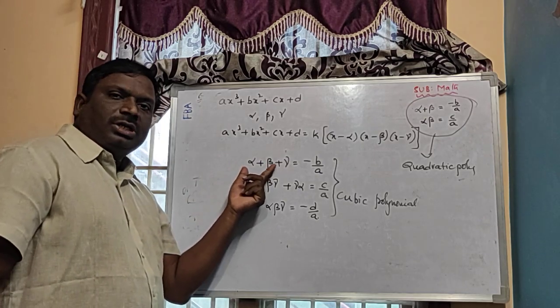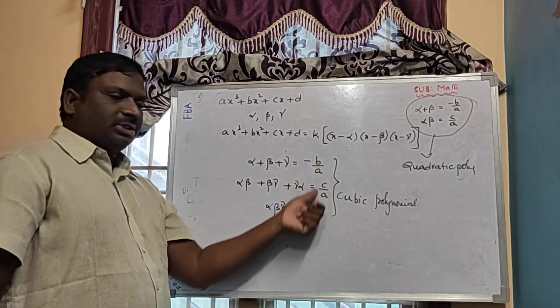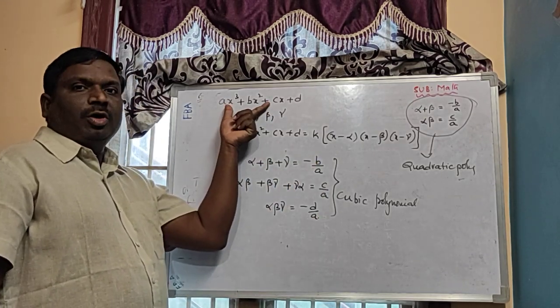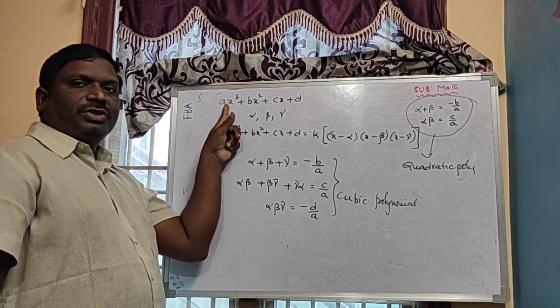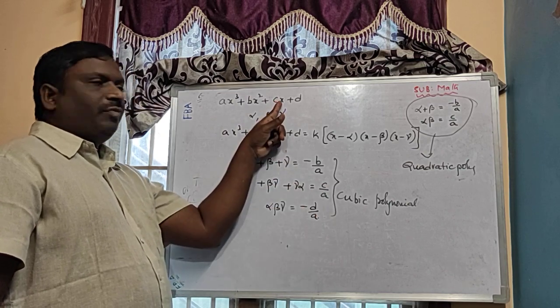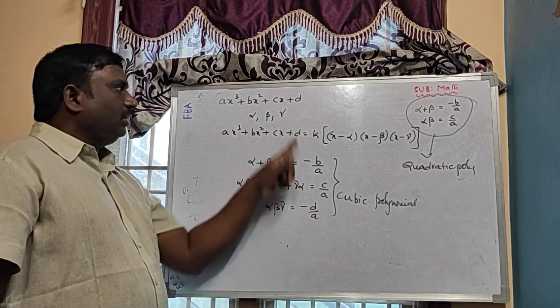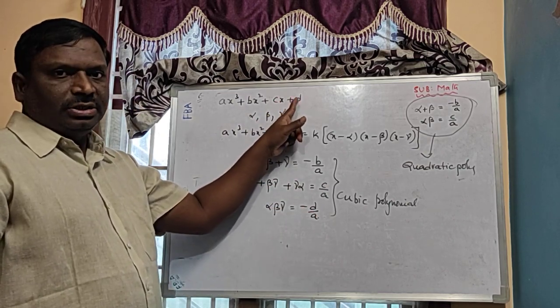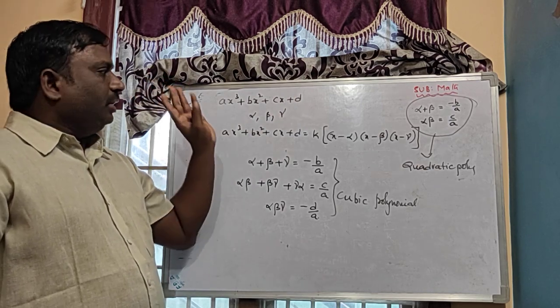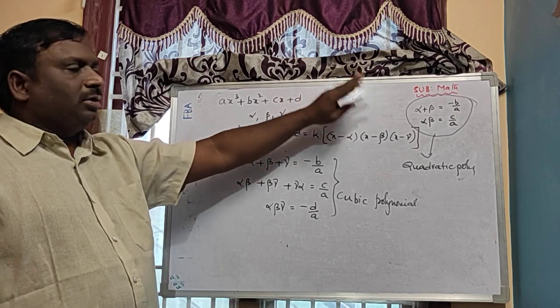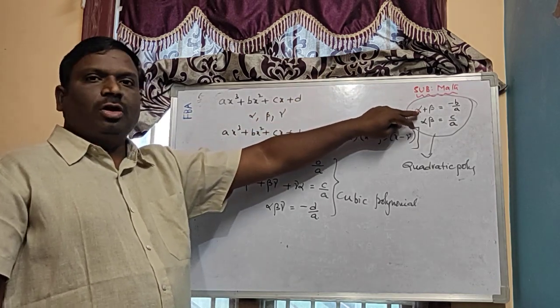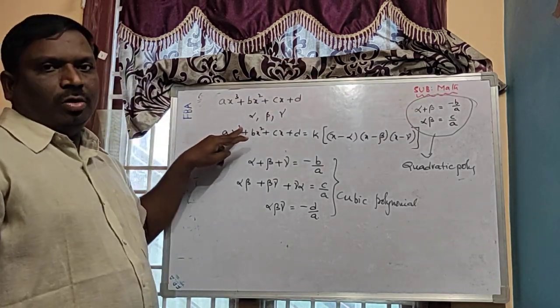Here also these are the zeros and these are the coefficients from the cubic polynomial. b is the coefficient of x square, a is the coefficient of x cube, c is the coefficient of x, and d is the constant term. I hope you understand the relationship between zeros and coefficients of quadratic and cubic polynomials.